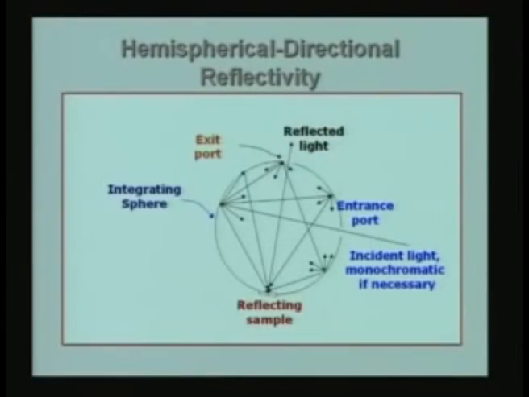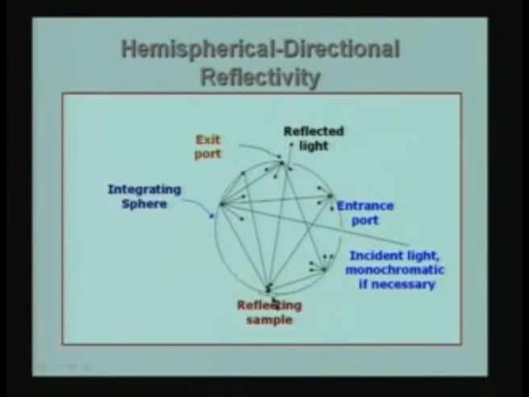So, what I am talking about is a device which, by its design, because you have a certain coating, with high reflectivity as well as highly diffuse coating, is able to give you uniform illumination inside. Therefore, you can immediately see that if I put a reflecting sample at any one part of the sphere, a small hole I make and I introduce my sample, the radiation which is falling on it will be perfectly diffuse radiation.